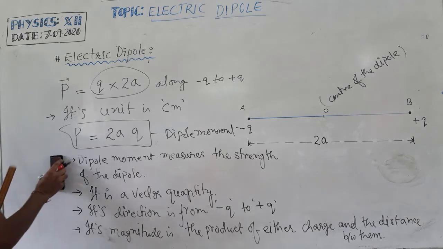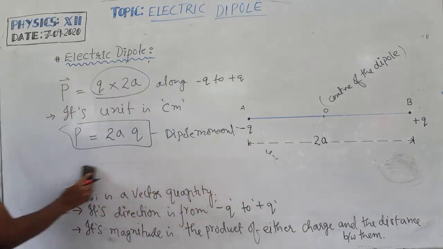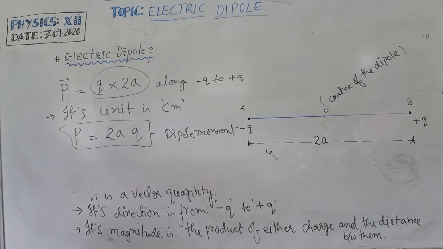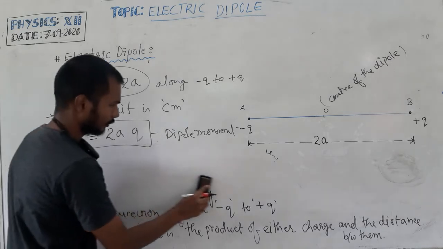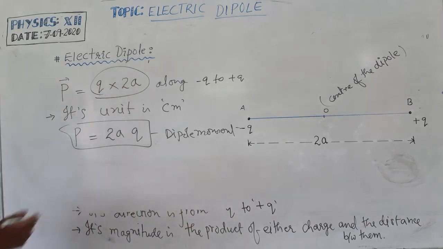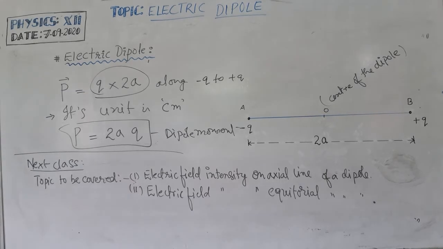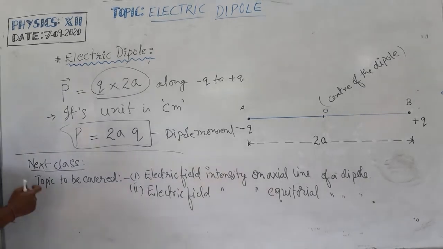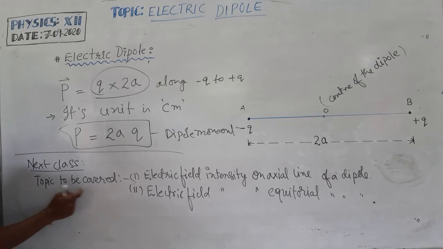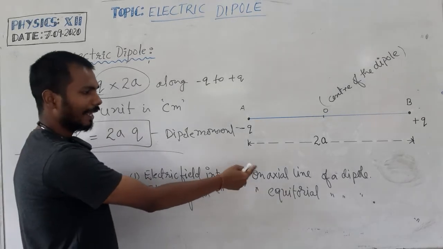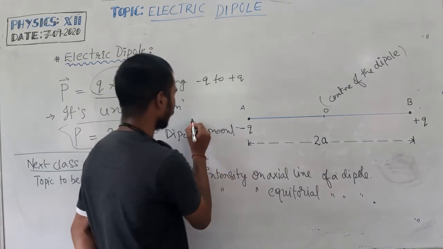Okay, that's all for today's class. In the next class we will learn the electric field intensity on the axial line of a dipole. This is called the axial line.